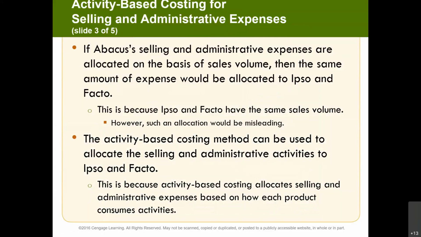So if this company's selling administrative expenses are allocated on the basis of sales volume, then the same expense would be allocated for both products. However, the opposite would be true looking at this in terms of activities. So that type of allocation may not be the best. Using activity-based costing for selling administrative expenses would be more accurate based off of how each product consumes activities.